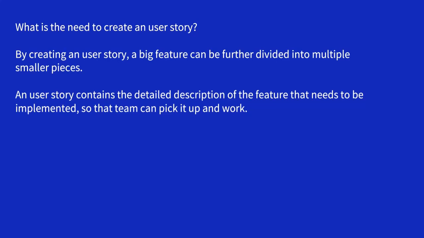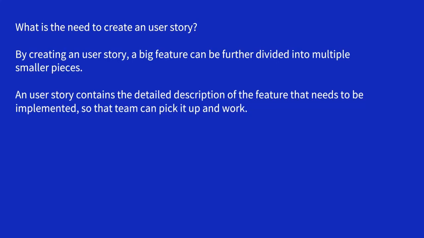On the basis of the user story, the team can pick it up and work on it. Suppose there is a developer who works on a particular user story, for example a feature that needs to be developed. First he will pick that task up, and on the basis of the user story he will analyze how the functionality should look.